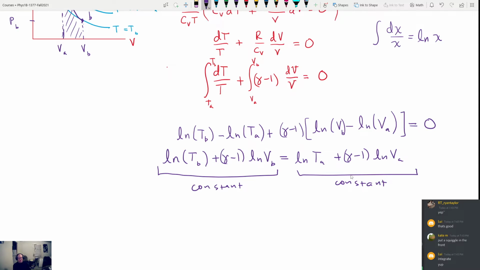If we take the natural log of the temperature plus gamma minus 1 times the natural log of the volume, we find that this is constant.